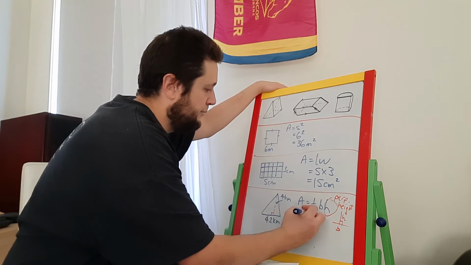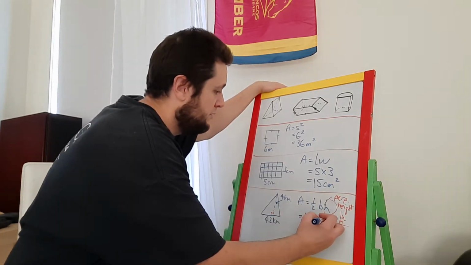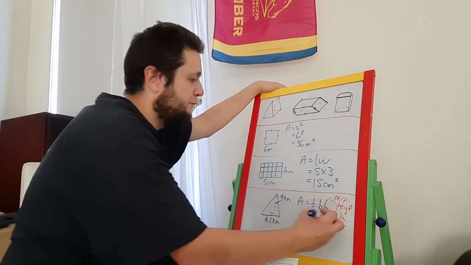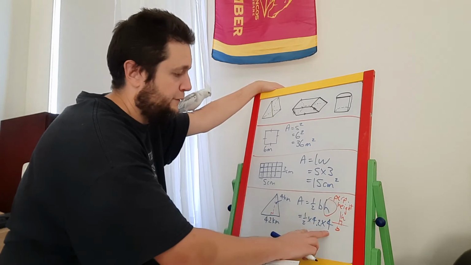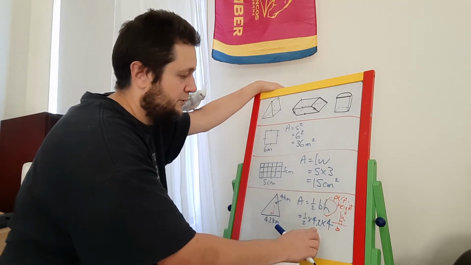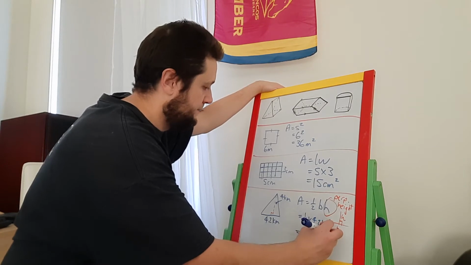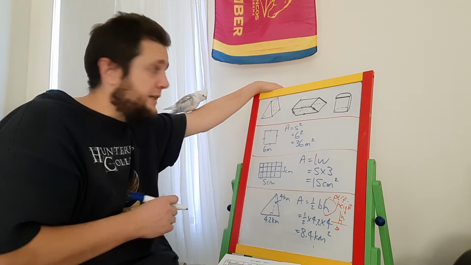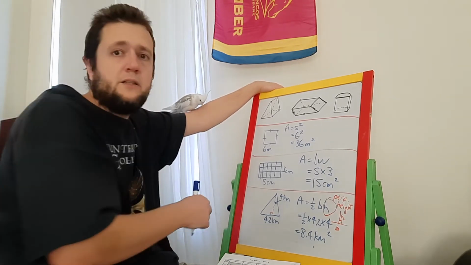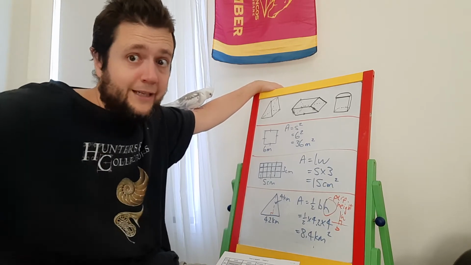So putting in the formula, it's a half times the base, which is 4.2, times the height, which is 4, perpendicular height, and half of 4 is 2. Double that, it'll be 8.4 kilometres squared. Right, so there's some of the basic objects you should know the area of: cube, rectangle, and triangle. And just a moment, I'll be back.